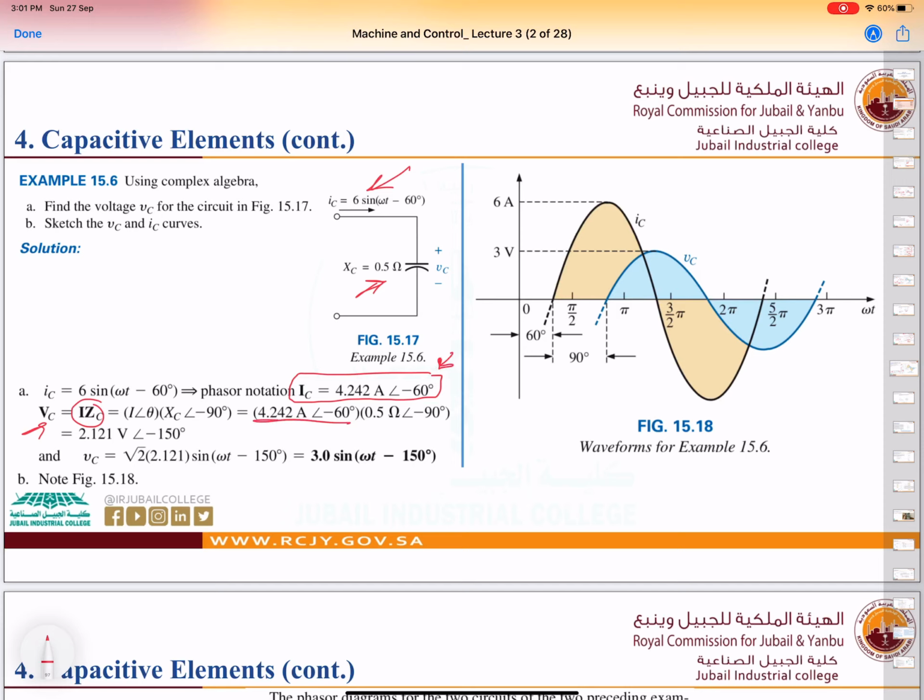Multiply by XC with minus 90. XC is 0.5 with minus 90, and you will find the voltage is this one, multiplied by root 2 to find the expression. So it will be 3 sine omega t minus 150 degrees.